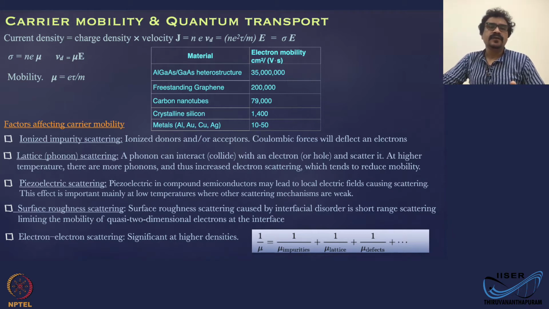We know from the basic transport equation, that is Ohm's law, that the current density is given by J equals sigma E, where sigma, that is ne squared tau by m, is the conductivity, E is the electric field, and J is the current density. So the conductivity sigma is given by N e mu, where mu is the mobility.